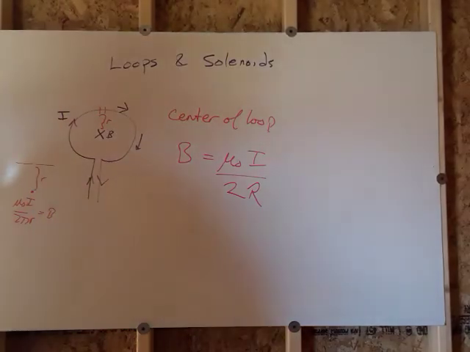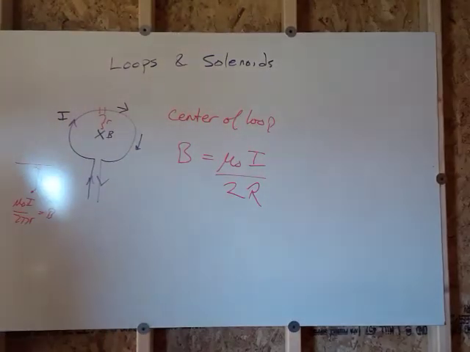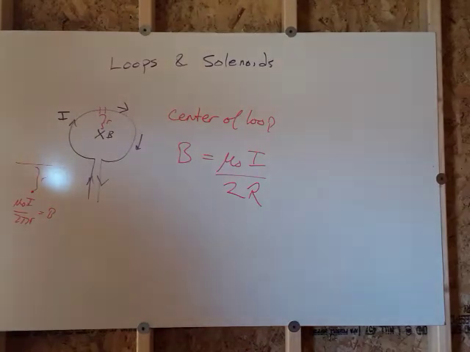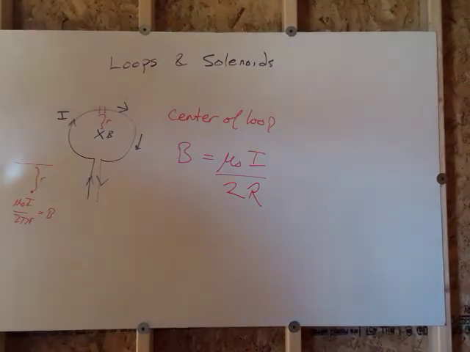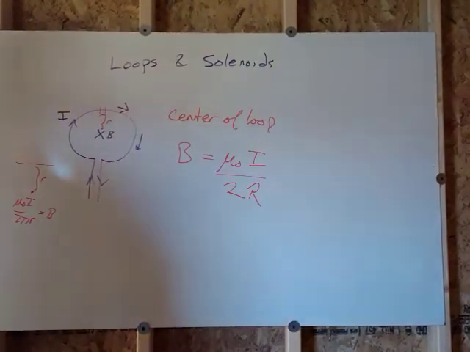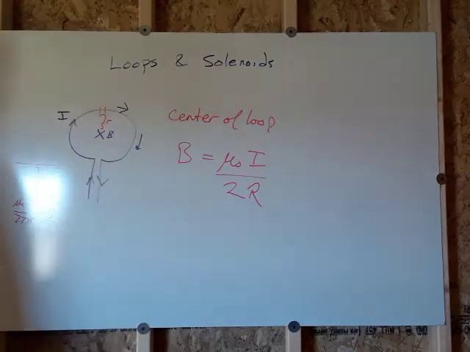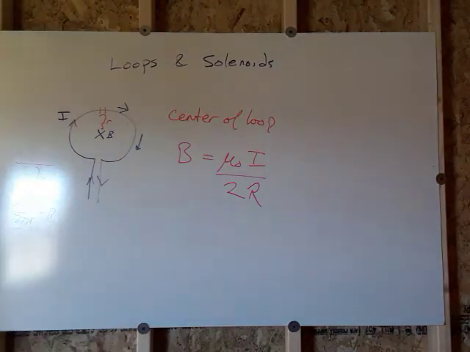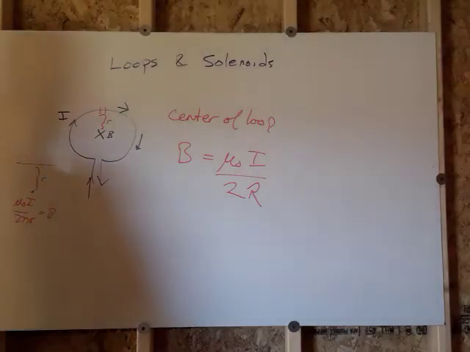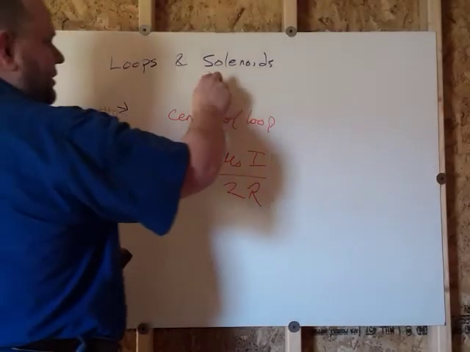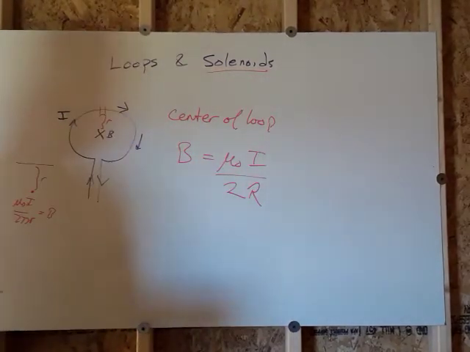If you're a person of my age, you would have seen antennas which fit on the back of your television, which look like these single loops. And possibly you might have seen that in some context. Most of the time, it's the other thing over here, the solenoids, which is the thing you experience.